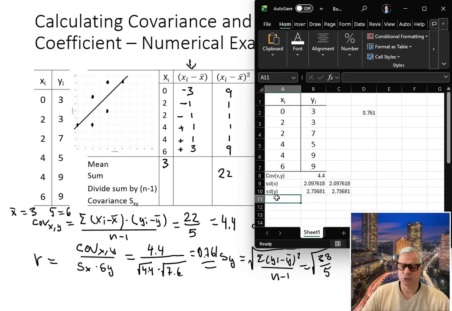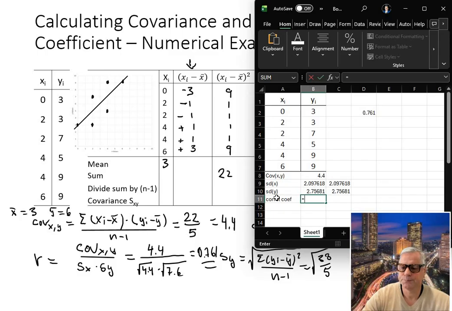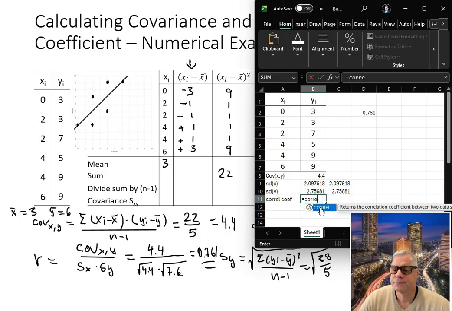So there's also a command in Excel for the correlation coefficient. The command in Excel is correl, and then again array 1, array 2.